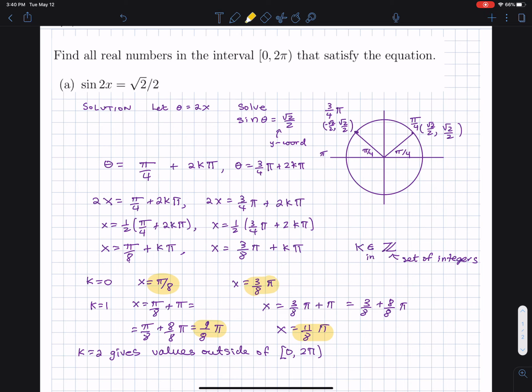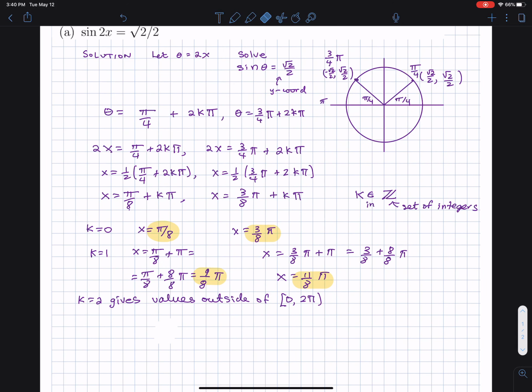And so let's go ahead and put that in a nice little solution set format. So the answers are going to be pi over 8, 3/8 pi, 9/8 pi, and 11/8 pi.